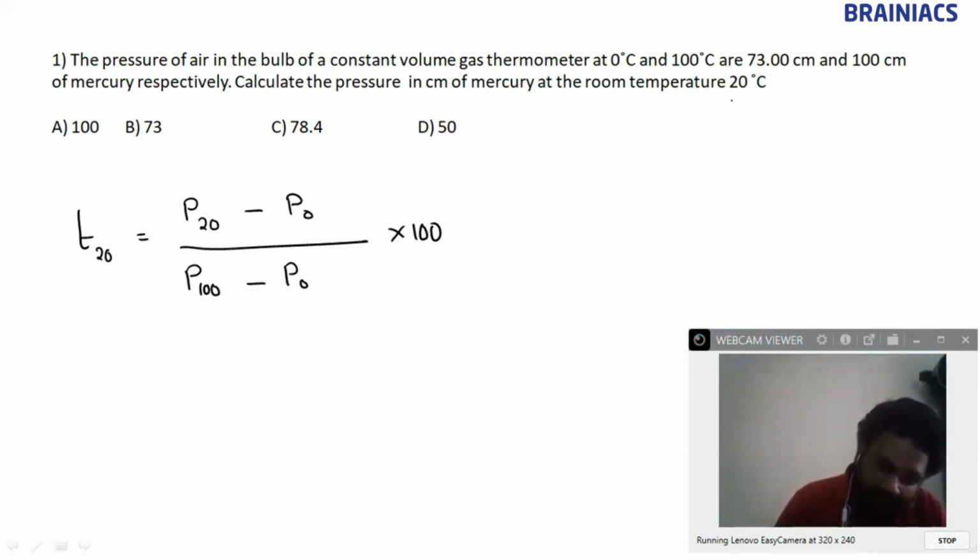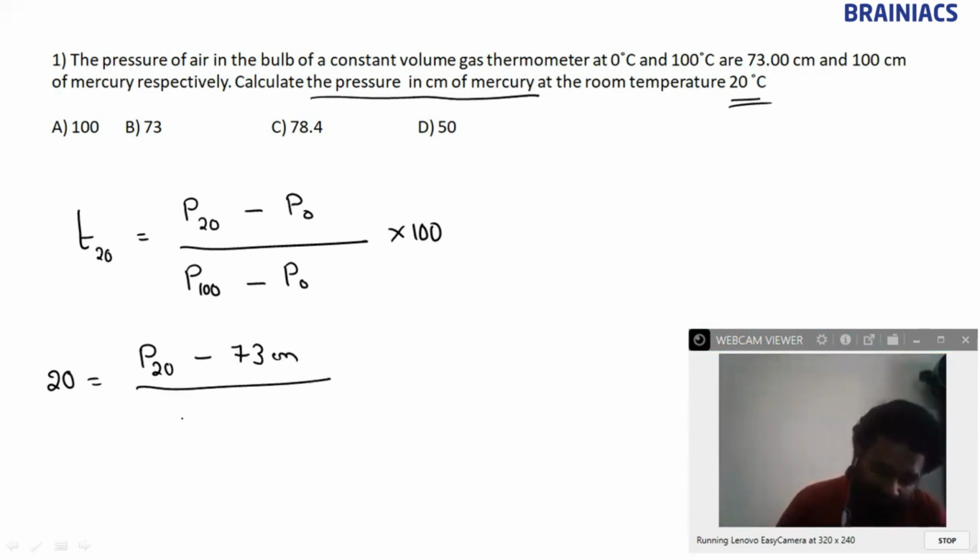Let us see. What is the temperature? 20. So 20 is equal to pressure at 20 degrees Celsius minus pressure at 0 degrees Celsius. They have given it as length. Let us maintain it like that, because the answer also they have asked to calculate the pressure in centimeter of mercury. So 73 centimeter of mercury, divided by pressure at 100 degrees Celsius, given as 100 centimeters. So 100 centimeter of mercury minus again 73 centimeter of mercury, into 100.